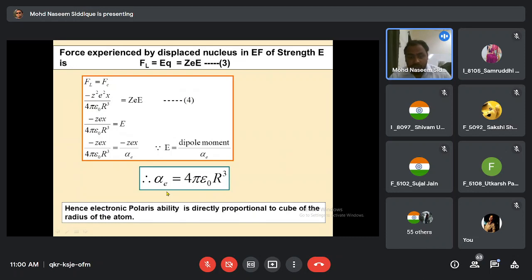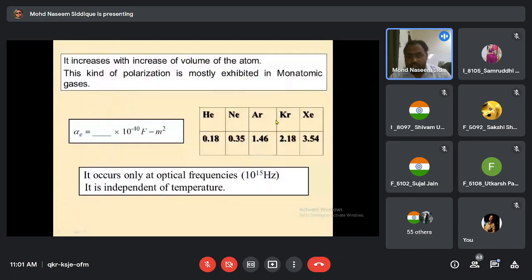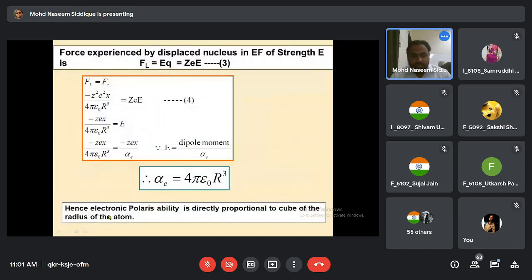And I told you in the previous slides that the electronic polarizability increases with the size of the atom. As we increase the size of the atom, the electronic polarizability increases as well. Hence the electronic polarizability is directly proportional to the cube of the radius of the atom.